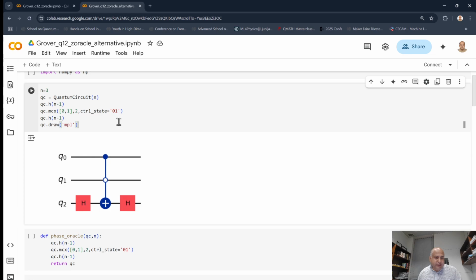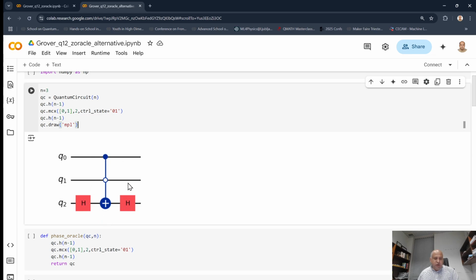Remember, indexing in Qiskit starts from the right, so this top qubit Q0 is coming on the right side over here. So with this multi-control X gate, we are able to create this circuit that will work as an oracle to give a minus sign for state 101.